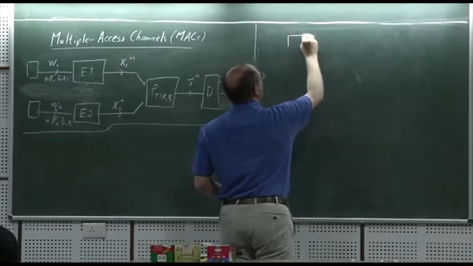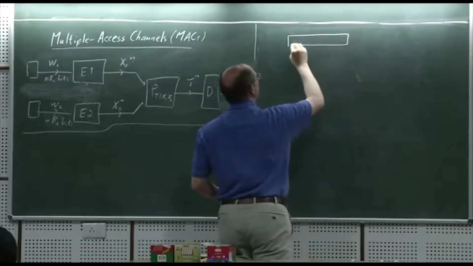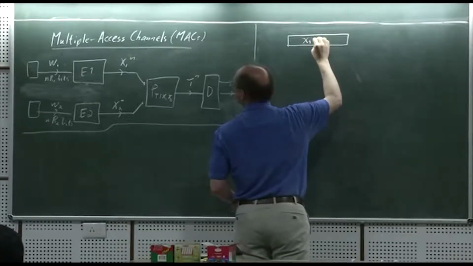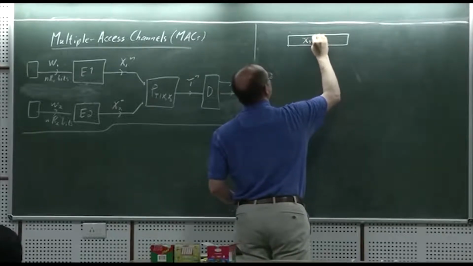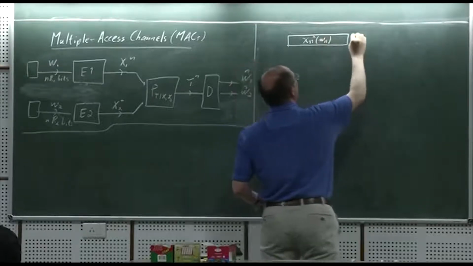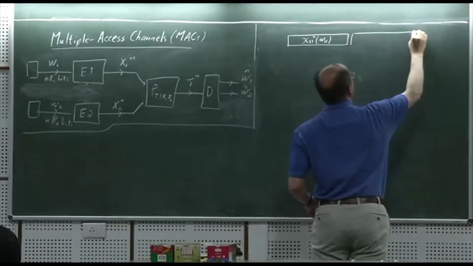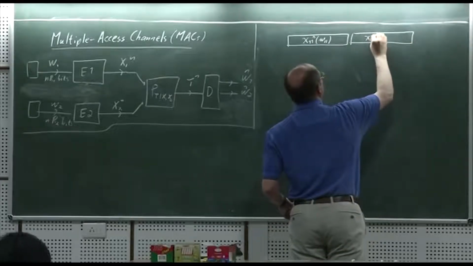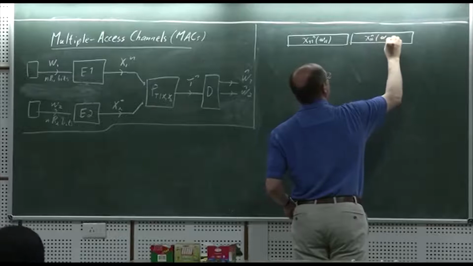Suppose we transmit in blocks, which you always do anyway. And suppose here we're transmitting x1, let's say block 1 n of w1 in block 1. And now we'll have another block, x1 block 2 n, w1 2, and so on.